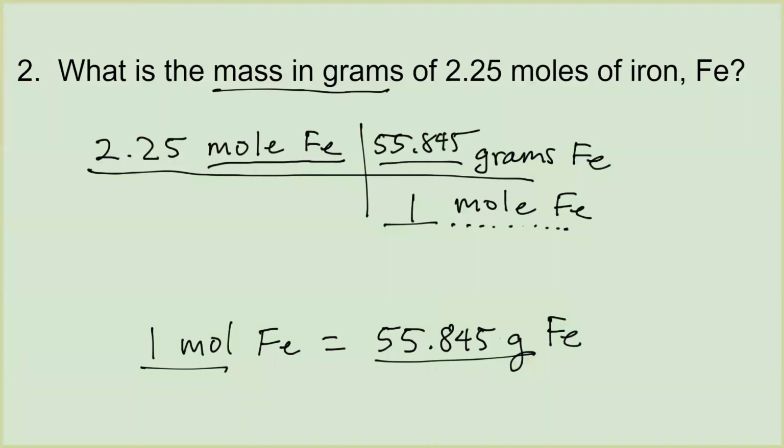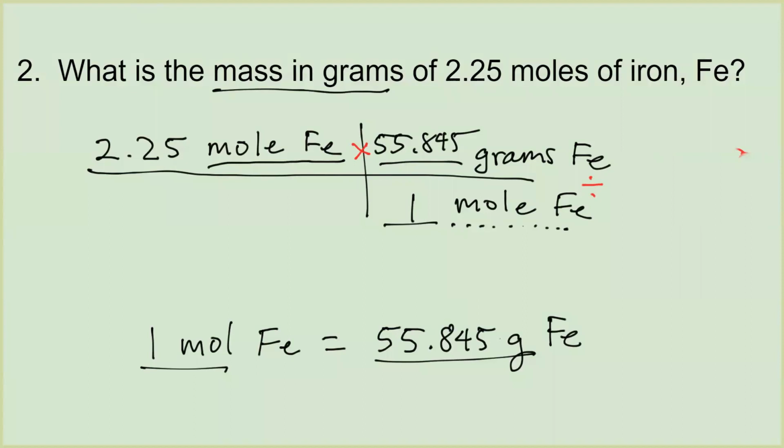Okay, and if I go ahead and multiply across, so remember, these vertical lines are like multiplication symbols, so we're going to multiply across, and then we'll divide by what's on the bottom. So when I plug it into my calculator, I'll do 2.25 times 55.845. Oh goodness, I'm running out of space. Let me just try that again.